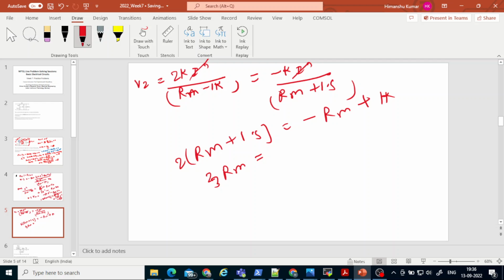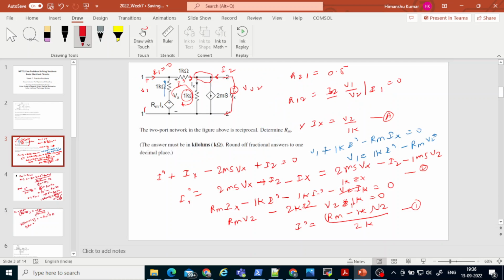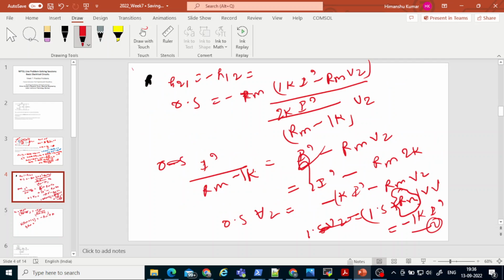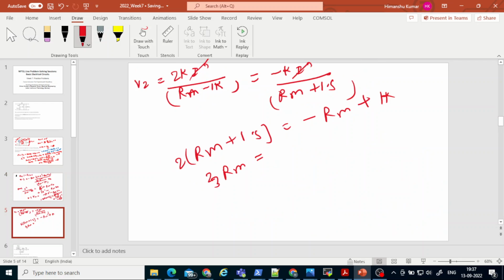Just wait, I made a mistake somewhere. Okay, I think this Rm should not come out as a negative.